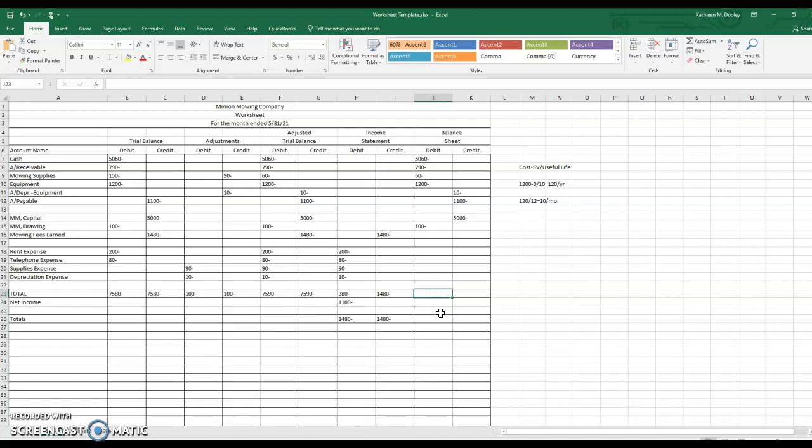Now we have to add those up, and of course they don't include everything, so they're not going to total right off the bat either.